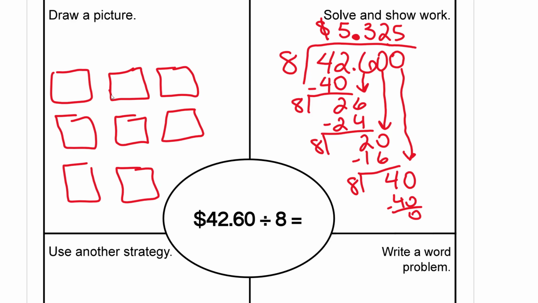So we are going to change that to a 3 and get rid of that. So actually our answer, we are going to round, and we're going to call that $5.33. And the reason I'm doing this instead of leaving it with 5 and 325 thousandths is because we are dealing with money. And we need to round in order for it to be money.